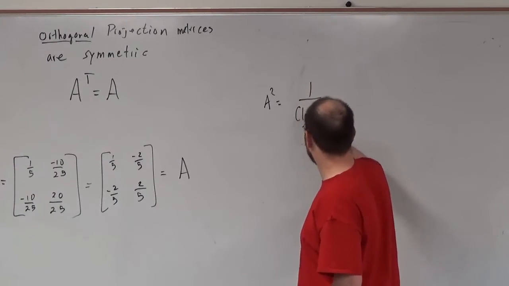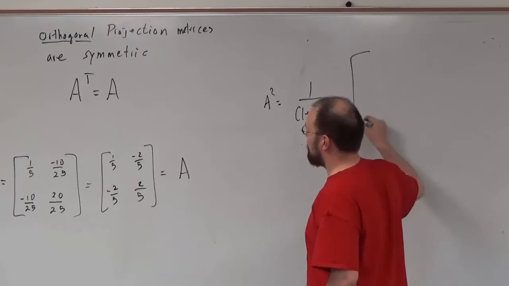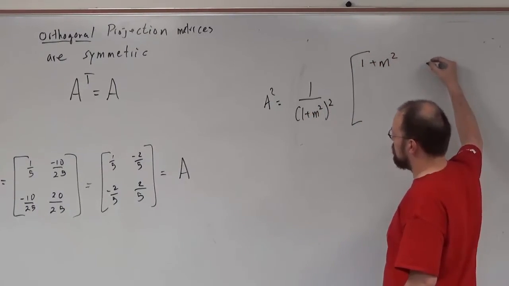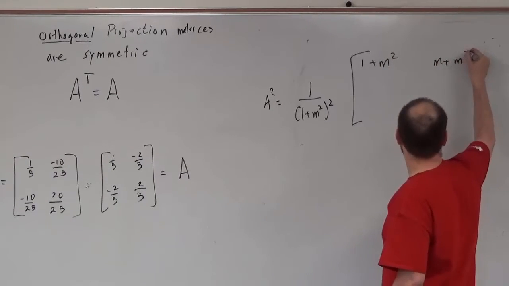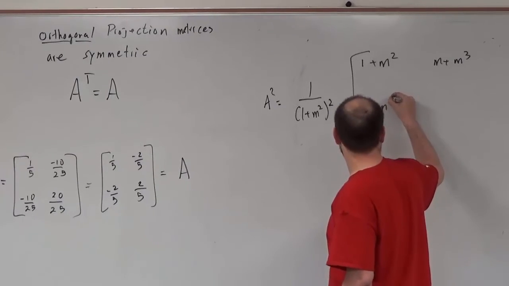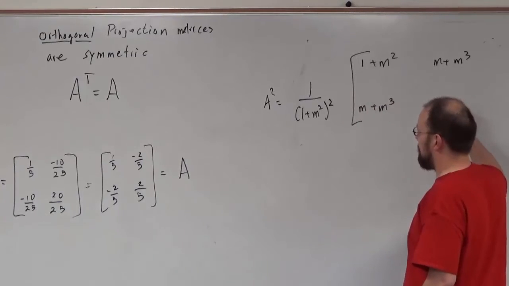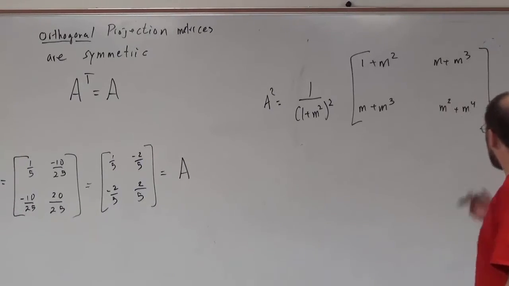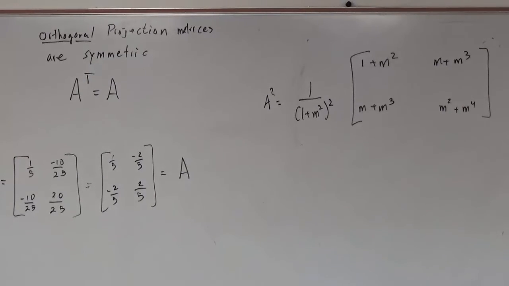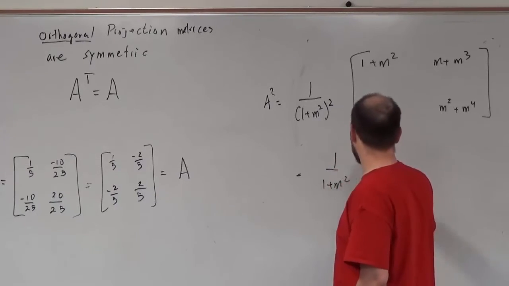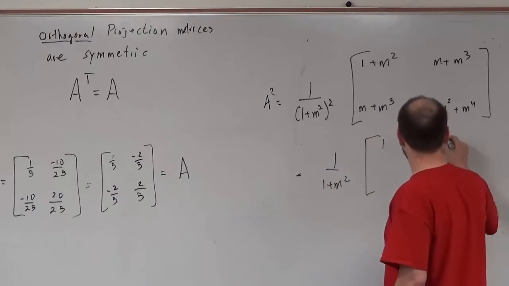A times A. Then if you divide through, there are some common factors, and you get the original.